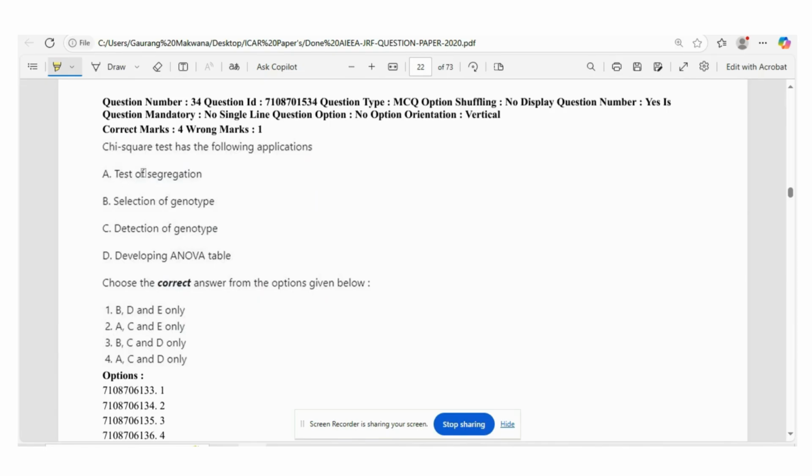The answer is test of segregation. Why? Because it checks whether observed results match expected ratios, such as Mendelian inheritance patterns, monohybrid and dihybrid ratios and expected segregation ratios. These are all investigated by this method, test of segregation. The remaining options are not relevant or defined uses in the concept.